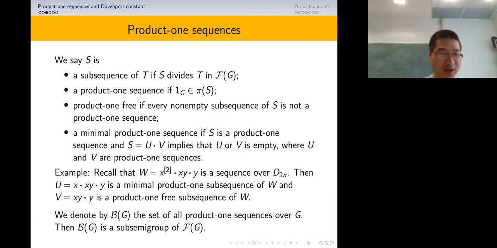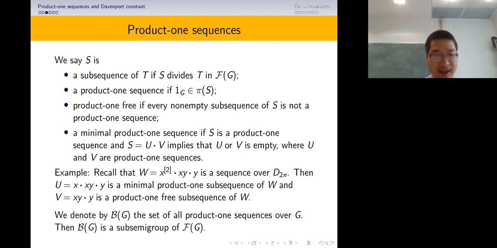We see an example. We still use this W, which is a sequence over D_2n. Then we choose the terms X, X, Y, and Y. This U is a subsequence of W. And with the order X, Y, X, Y, the product is 1. So this U is a product-1 sequence, and it's not difficult to see U is a minimal product-1 sequence.